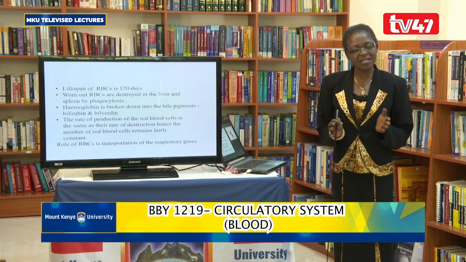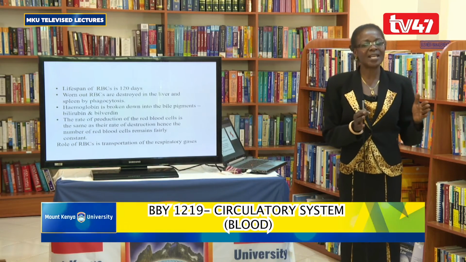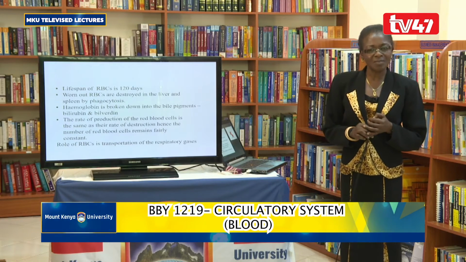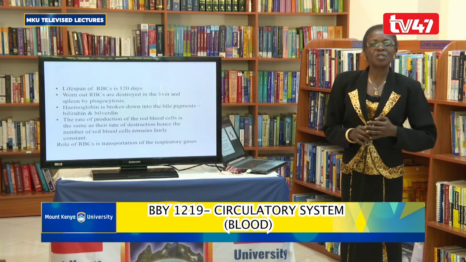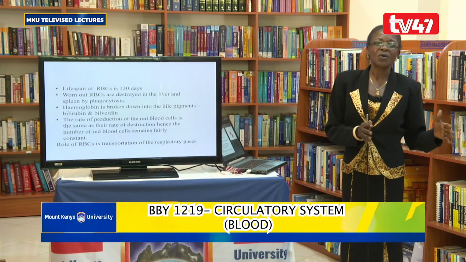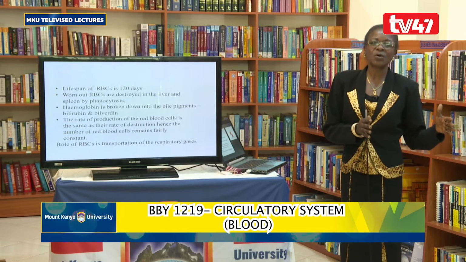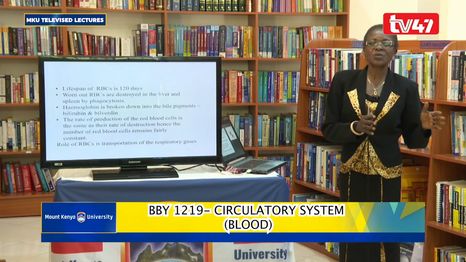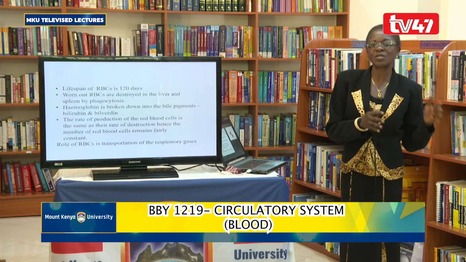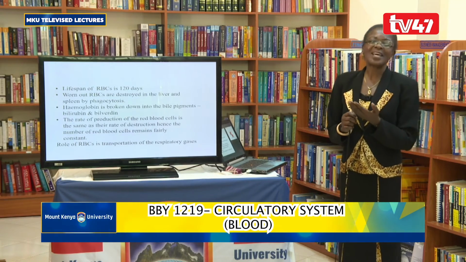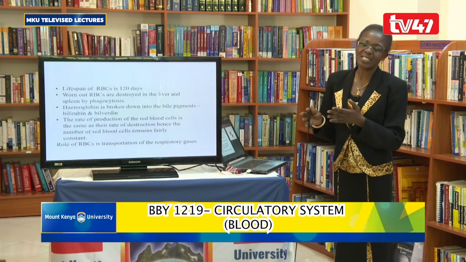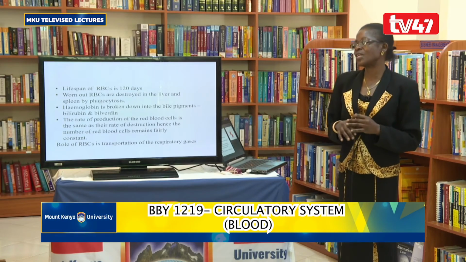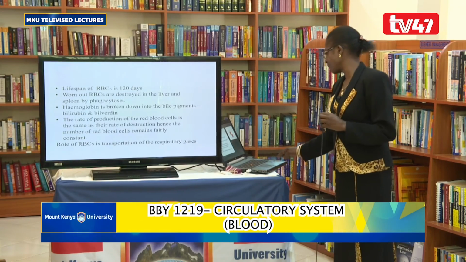Generally, males have a higher number of red blood cells compared to females, because males have more muscle tissue, which requires energy because it is active. So they need more red blood cells to carry oxygen to this active tissue, the muscle. Females, on the other hand, have more fatty tissue, which is a storage tissue. It doesn't require much oxygen, so they have fewer red blood cells.